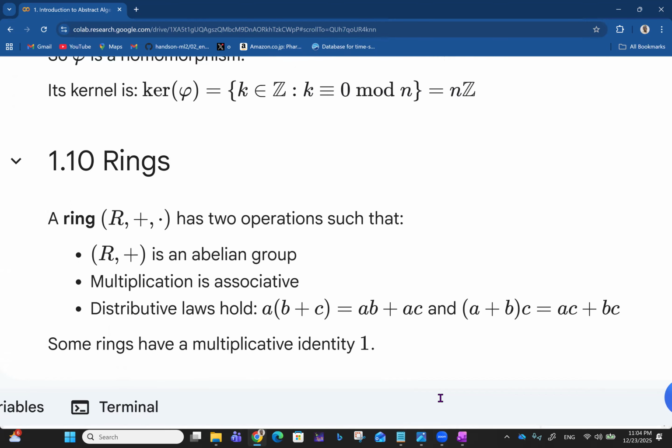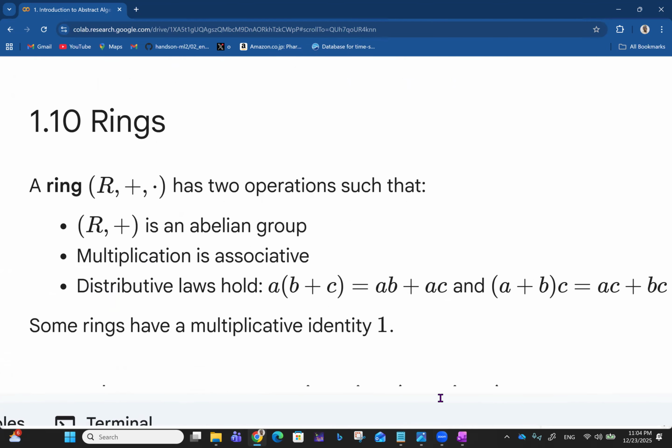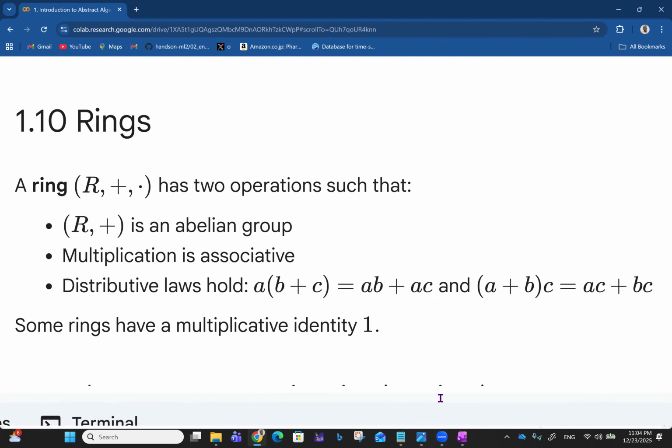So talking about rings now, we've talked about the fact that a group has a set and a binary operation, and then it obeys the laws of closure and associativity. It has an identity element and an inverse. That makes it a group. But a ring is an extended kind of group.